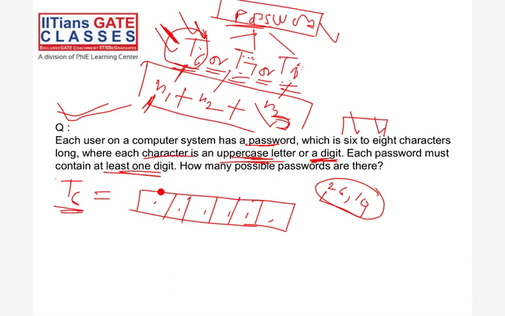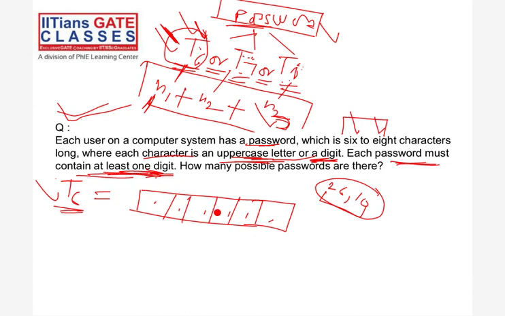But he's also saying that each password must contain at least one digit. So what we can do is, without considering this condition, find how many ways there are to create a six length password.